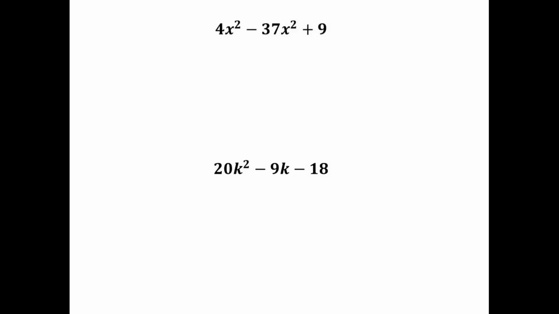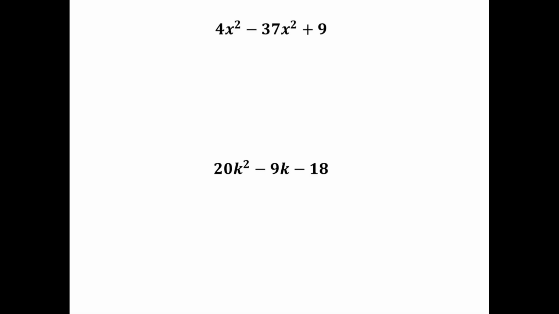Now here are some further exercises that we can use to master this particular work. Pause the video and try them, and then look at the solutions that I'm going to present. In this particular case, the first one, we have 4x squared minus 37x plus 9. Now the 4 is the problem here, so we need the advanced method.